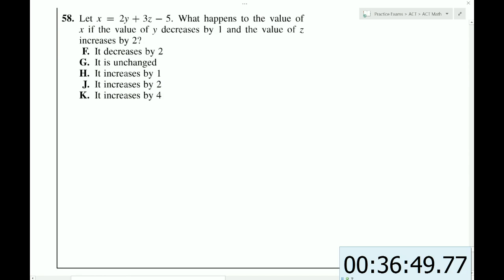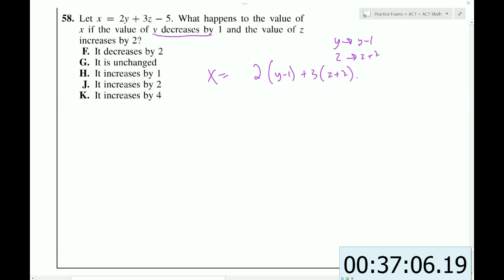Alright, let X equal this. What happens when X equals 2? So Y decreases by 1. So Y becomes Y minus 1, Z becomes Z plus 2. So instead of Y, I'm going to put Y minus 1. Instead of Z, I'm going to put Z plus 2. Alright, distribute: 2Y minus 2.